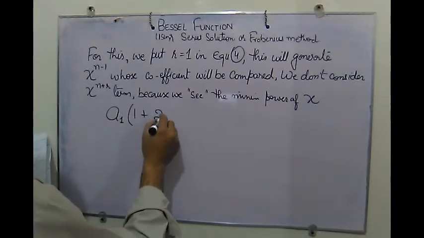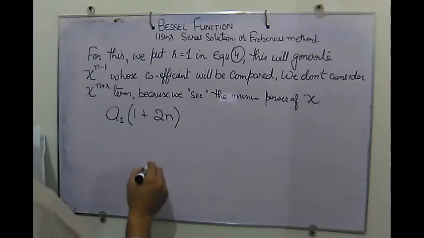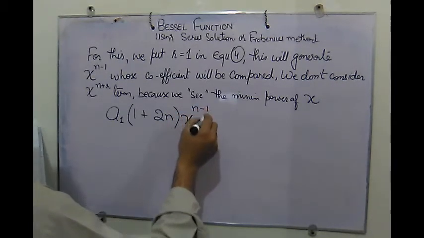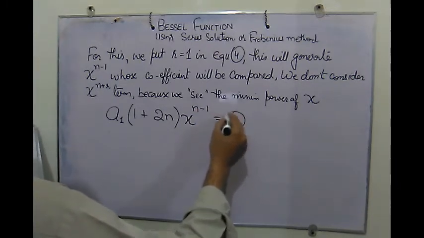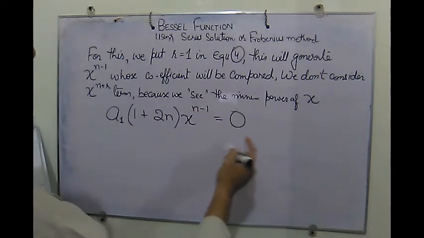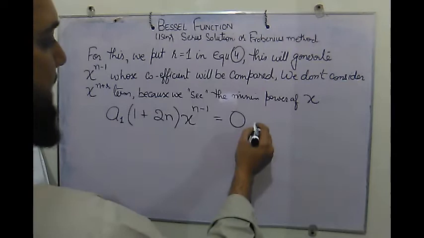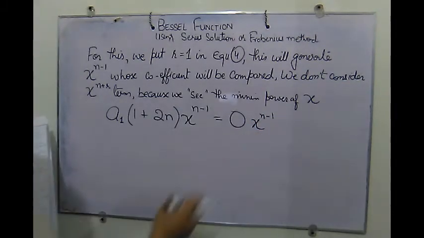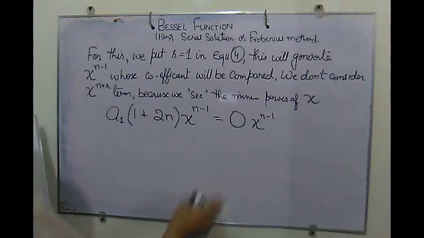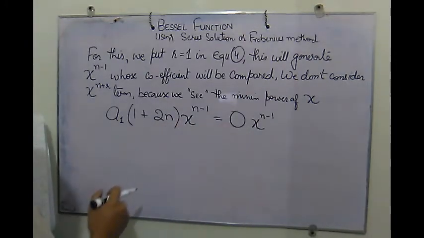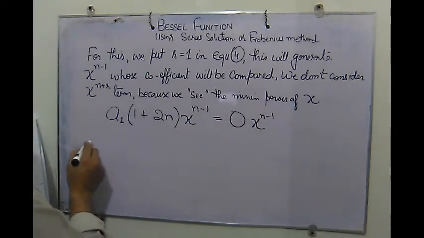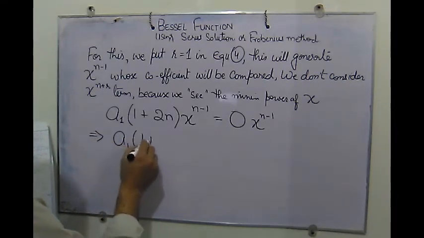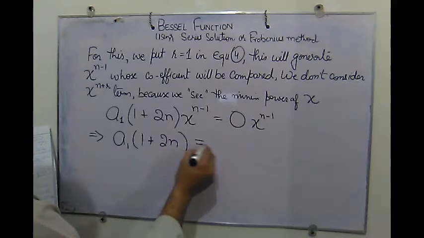When r is 1, then we do not write it. So x to the power n minus 1 is equal to 0. On the other side of the equation, there is no coefficient for x to the power n minus 1. Now we compare the coefficients and we see that a1 into (1 plus 2n), which is the coefficient, is equal to 0.